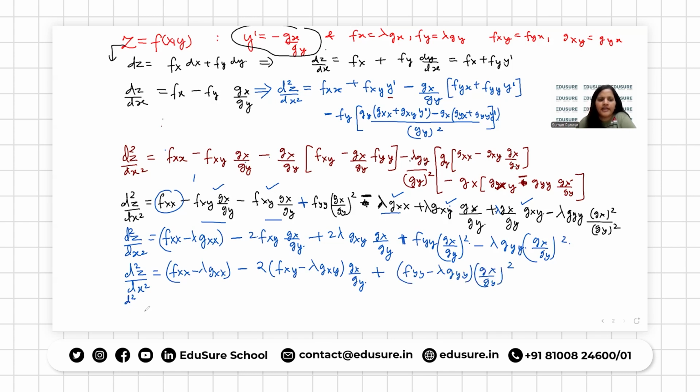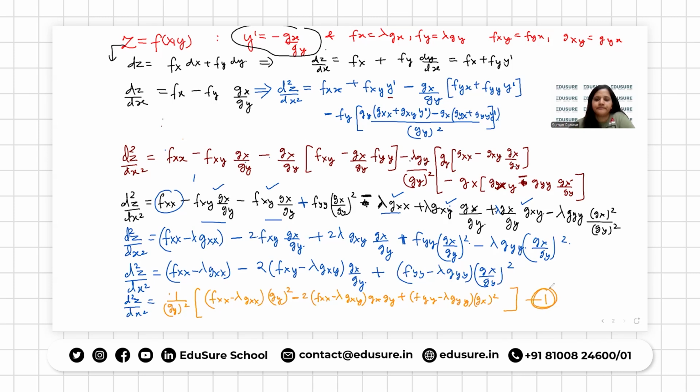So d2z by dx2 will eventually become, if we take 1 upon gy square common, fxx minus lambda times gxx gy whole square minus 2 times fxy minus lambda times gxy gx gy plus fyy minus lambda times gyy gx whole square. So this is equation number 1.